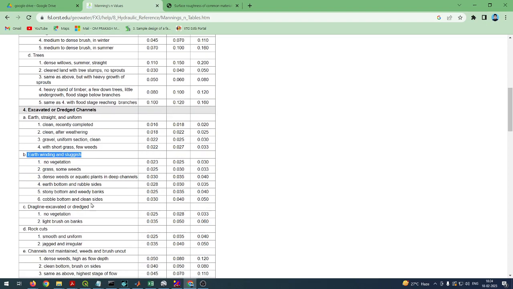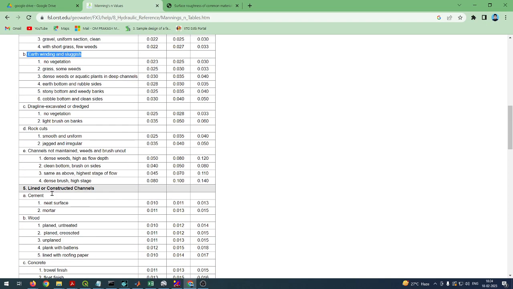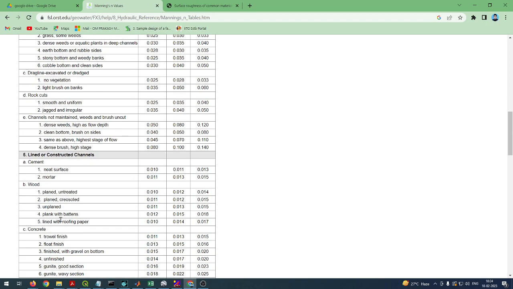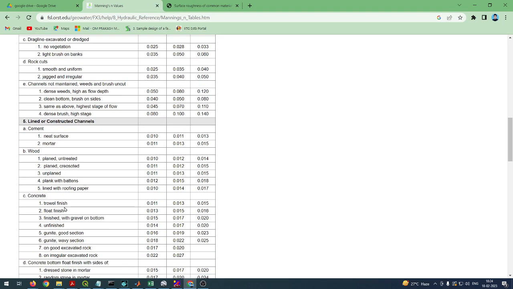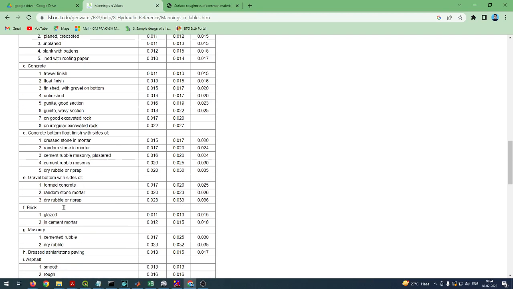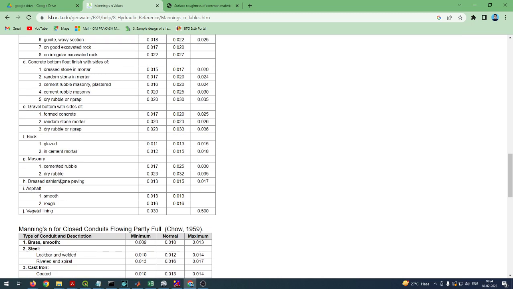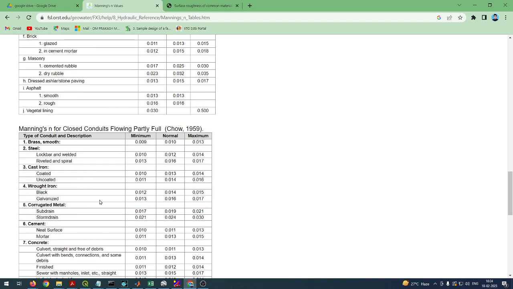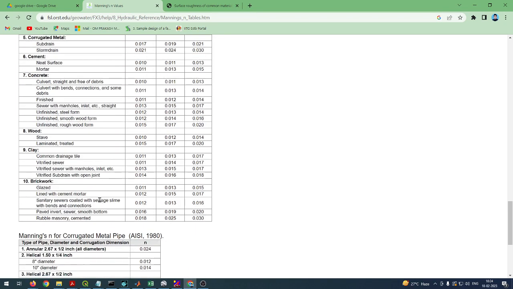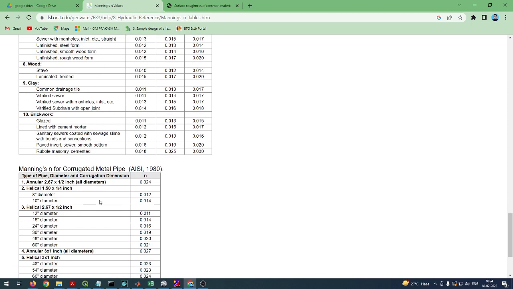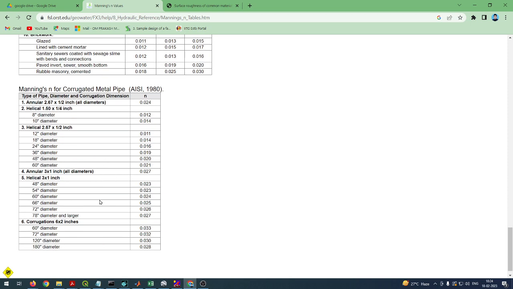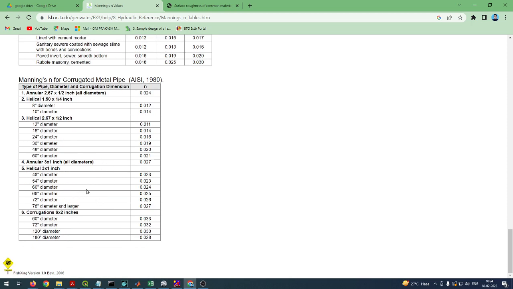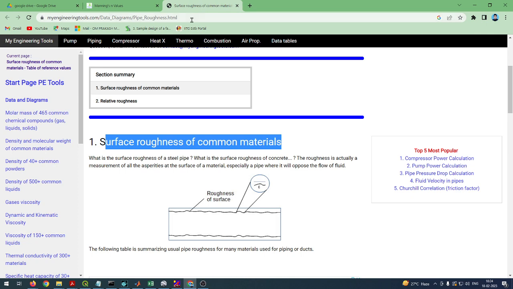These are the observed values: rock, channel, cement, wood, concrete, brickwork, clay, metal pipe.